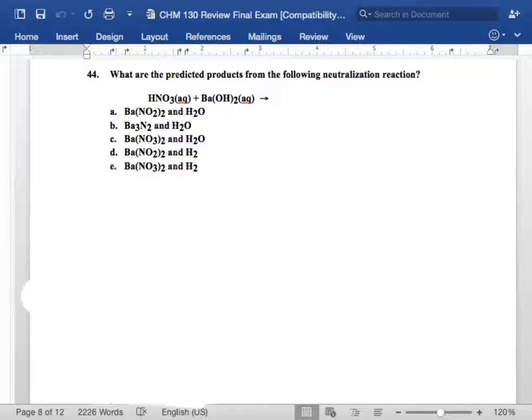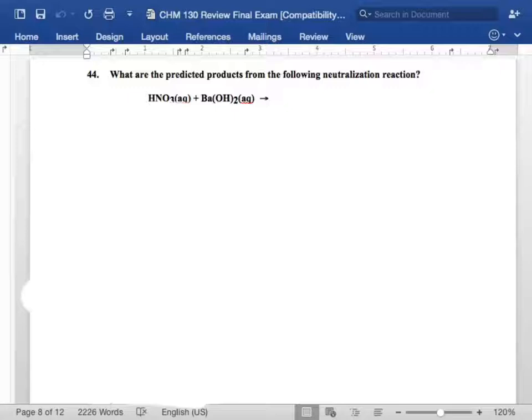So we'd go through and look at our basic structure. Okay, in fact, I'm going to erase, I may regret that later. When we go through and look at our start, what do we have? What are we starting with here? An acid. How do we know it's an acid? Hydrogen and it's aqueous.